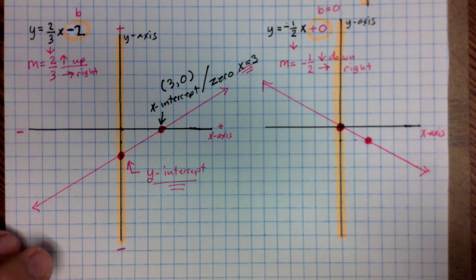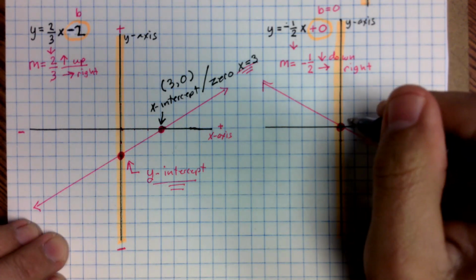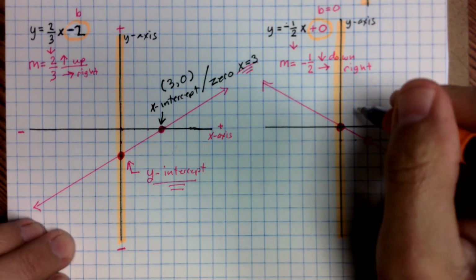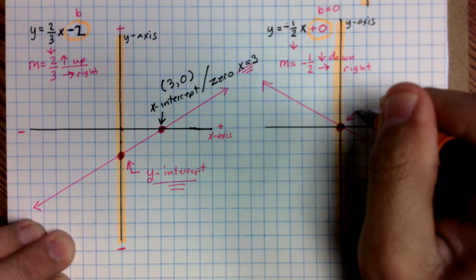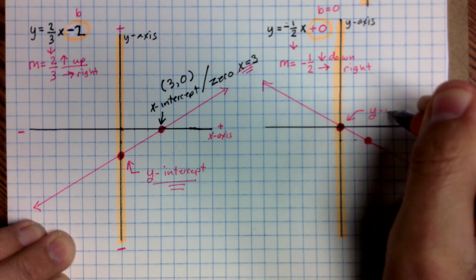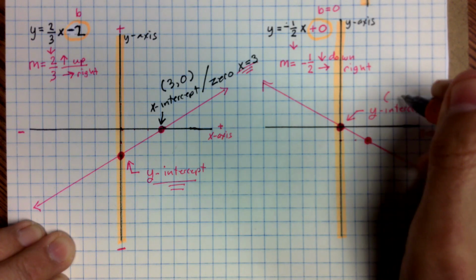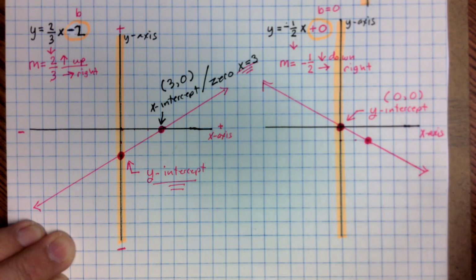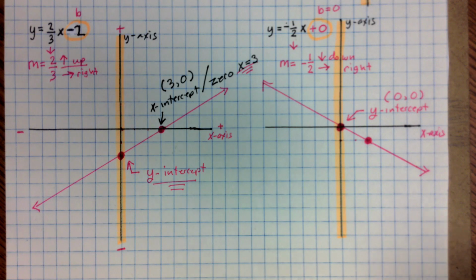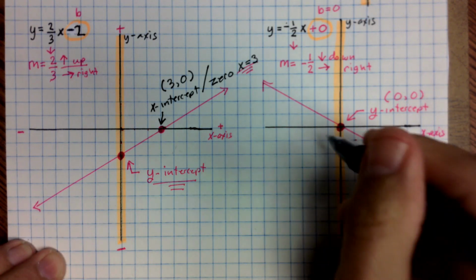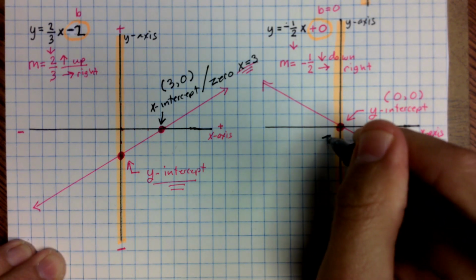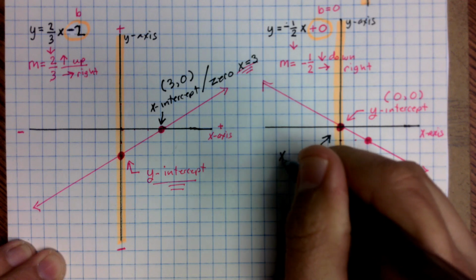I want you to notice 2 things that we have here. One of them is I'm going to go ahead and mark my y-intercept. So I'm going to put an arrow. In this case, my y-intercept is 0, 0. It goes through origin. And if I look on here, in this case, that also happens to be my x-intercept.